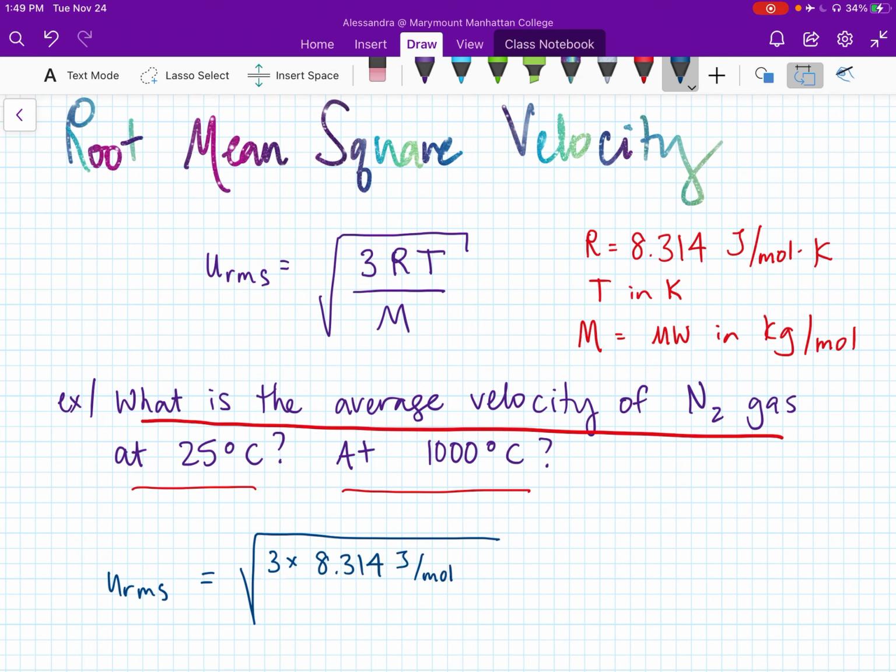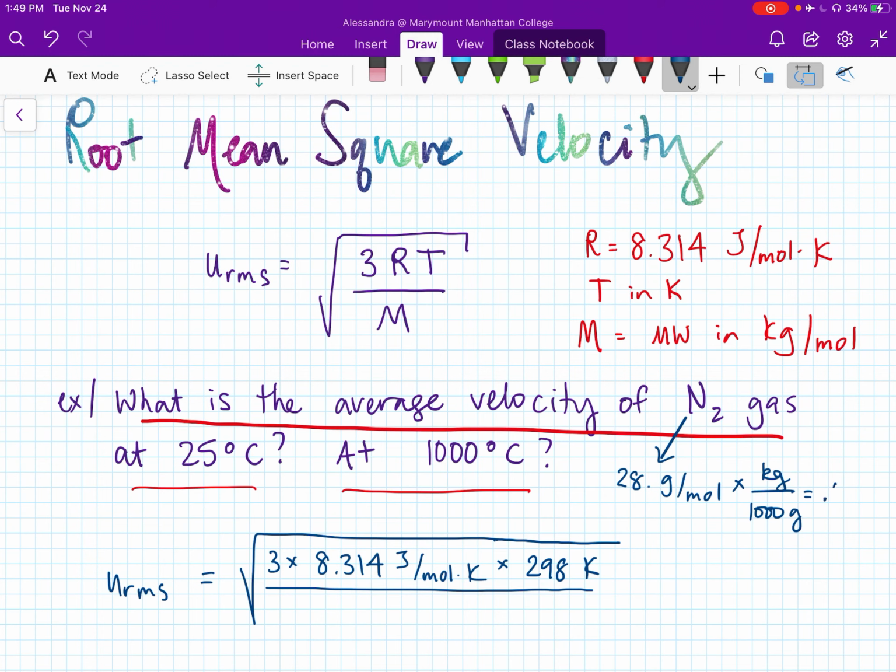So this is going to be equal to 0.028 kilograms per mole. Okay, so I'm going to put that in my denominator. You have to have kilograms because, again, a joule is a kilogram meter squared per second squared. So having the kilograms enables me to cancel the units properly.